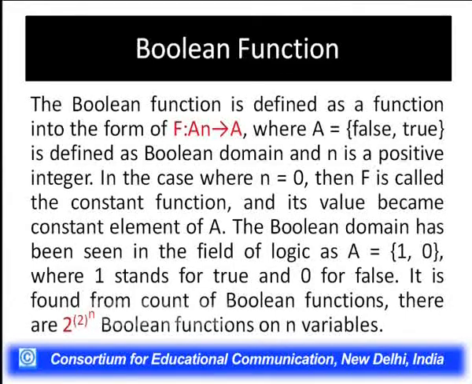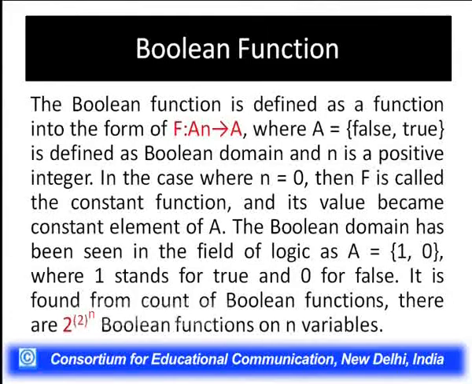Now let us see what is Boolean function. A Boolean function is defined as a function of the form f colon A to the power n tends to A, where A equal to a set of false or true is defined as Boolean domain and n is a positive integer.